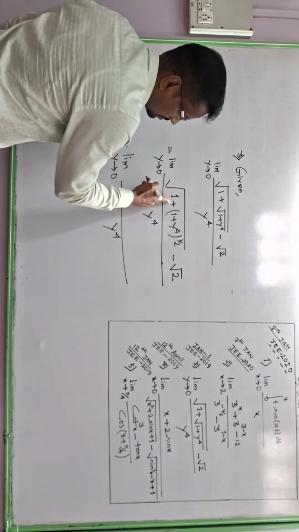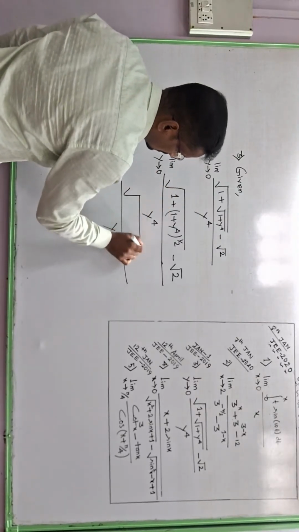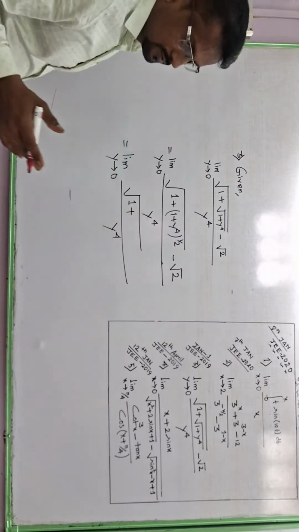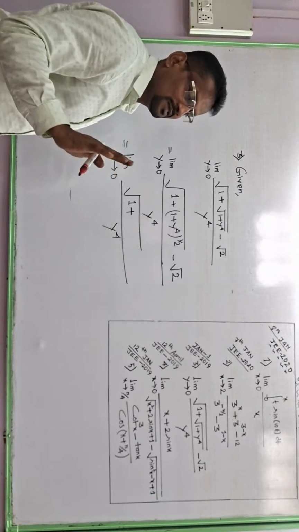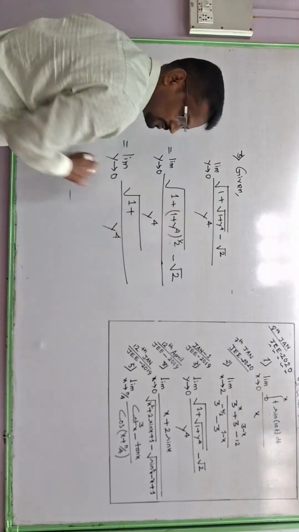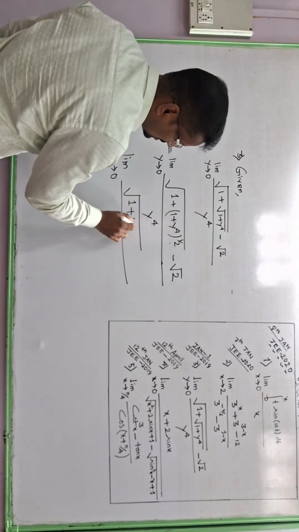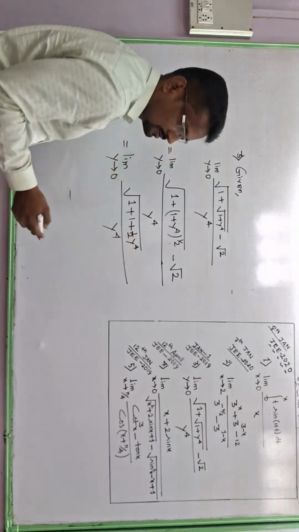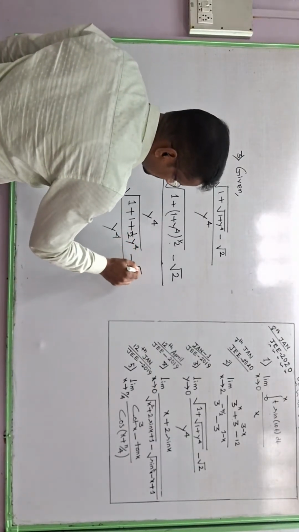So we get 1 plus half of y to the power 4, minus root 2.